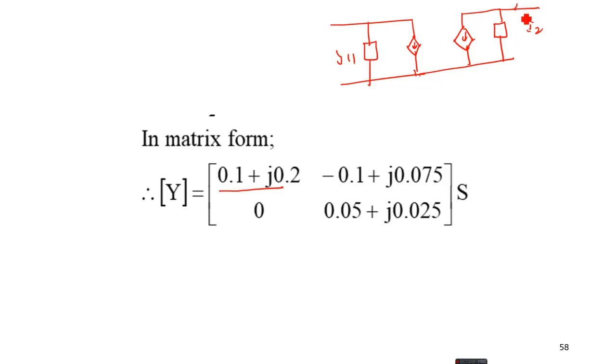Here I2 and here it is V2. Here I2 current will be flowing, here V2, and here I1 current is flowing, and it is voltage, here it is Y22. And what is this? Y12 into V2, here it is Y21 into V1. That's it.